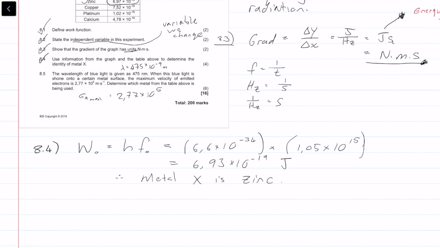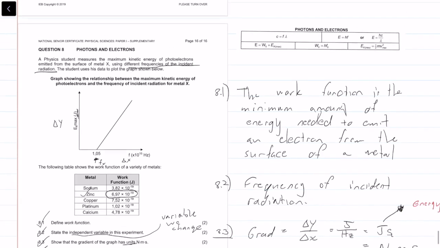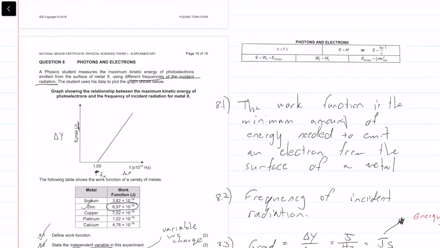For this 8.5, let us find a formula that works. We have EK max and we have the wavelength, and from the wavelength we can get E. I'm going to use that formula, but manipulate it to get EK max as the subject.